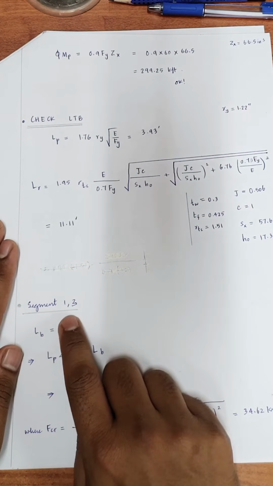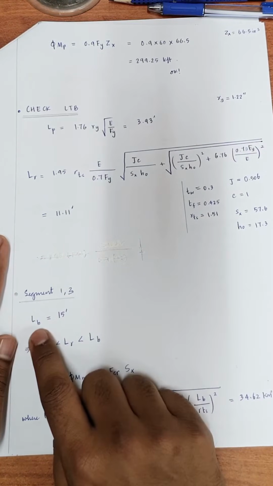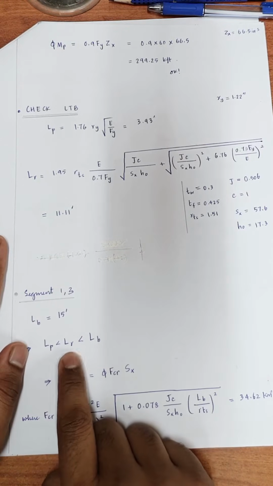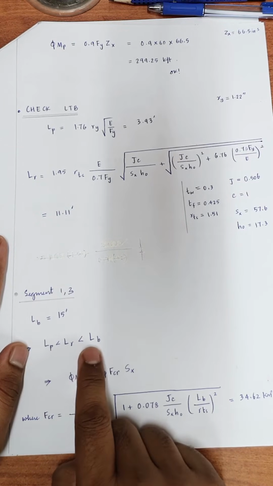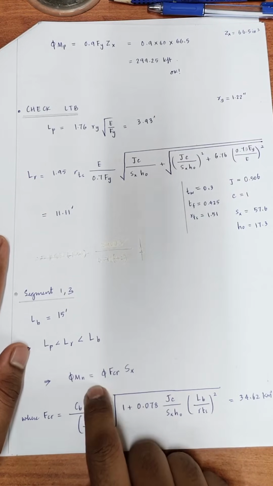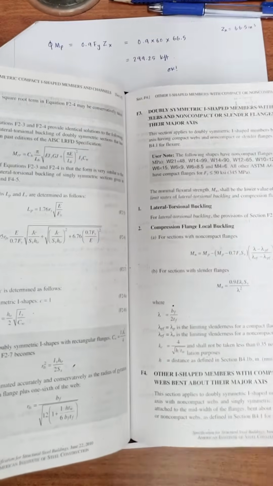So the first segment and the third segment, which is identical, your Lb value is 15 feet. So Lp is less than Lr, which is less than Lb, and the value of phi Mn is calculated from phi Fcr Sx, which is available in the manual.